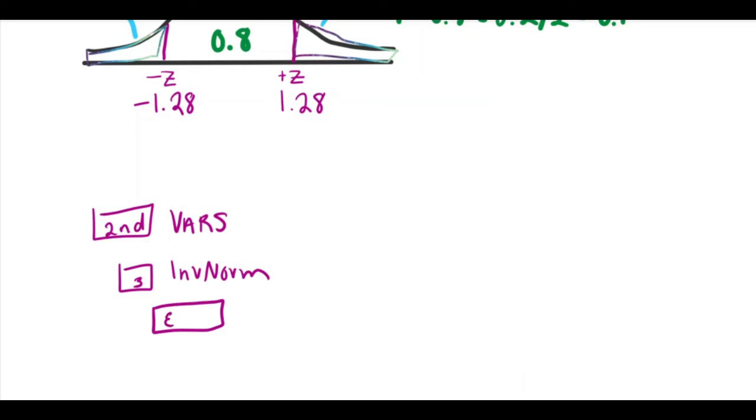Okay, so you're going to turn your calculator on, and you're going to click on second, then variables. And you're going to go down to option number 3. It's going to say invert norm. And you're just going to hit enter.